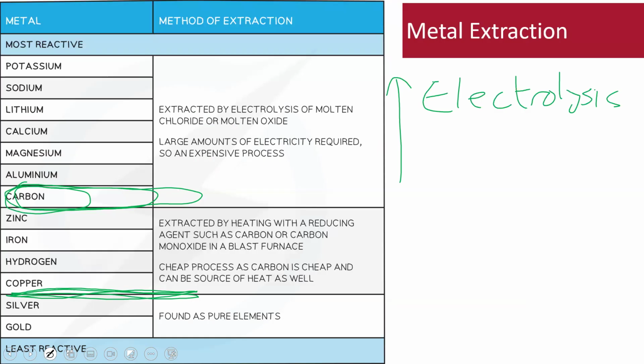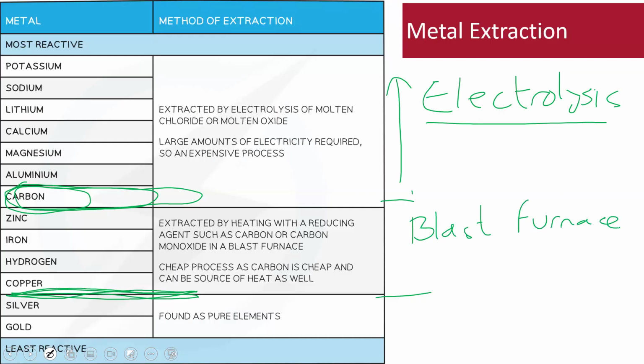So anything above carbon on the reactivity series, if we want to extract it, we use electrolysis. I'm not going to go through the whole process of electrolysis. Anything below carbon and down to silver, we use something called the blast furnace.